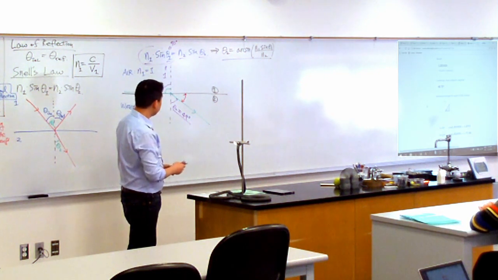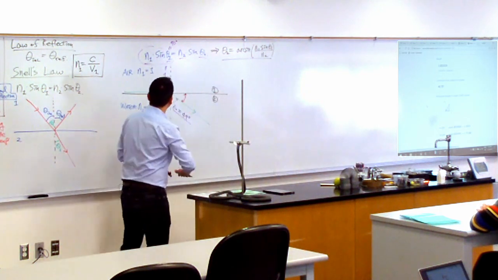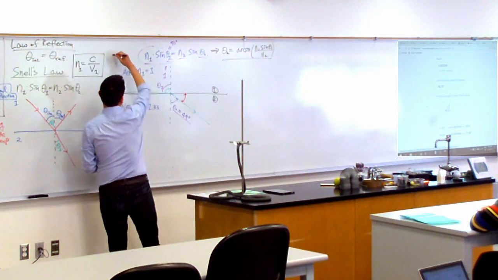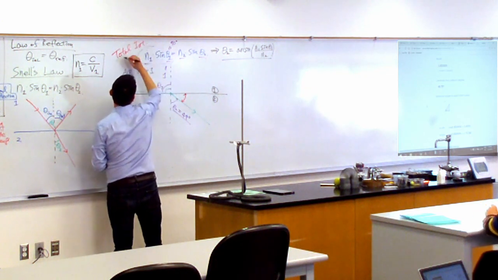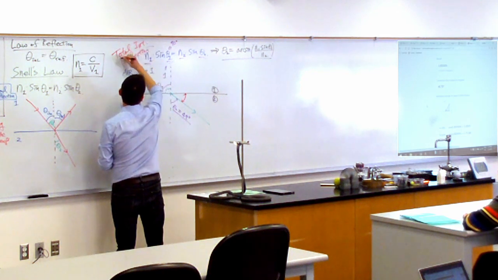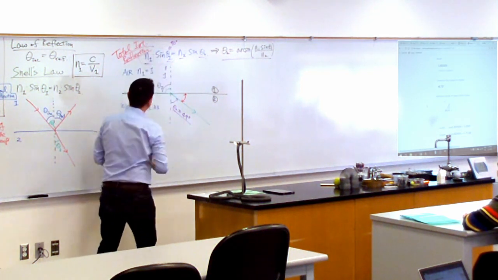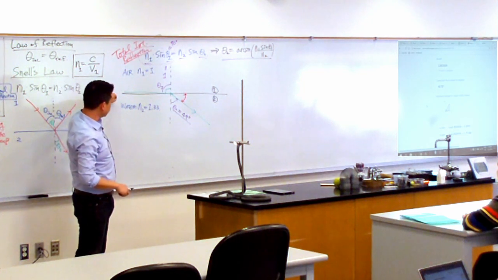The surprising feature that I want you to bring up is called total internal reflection. It comes from a slight modification of this picture. So this is what you have seen.